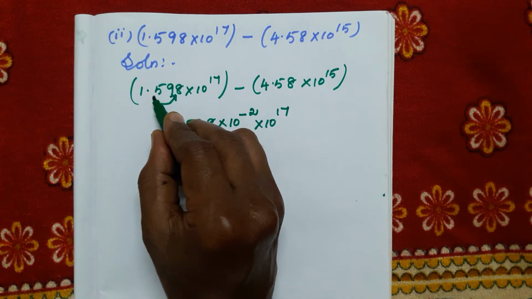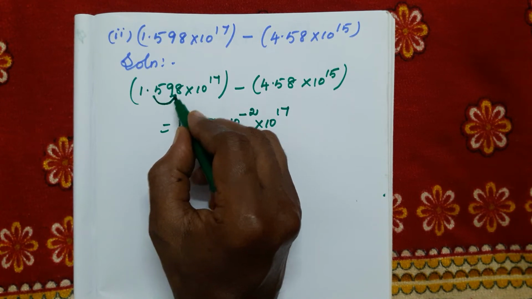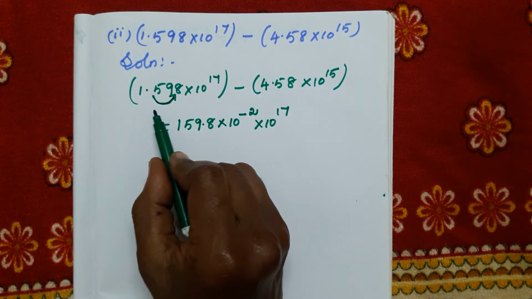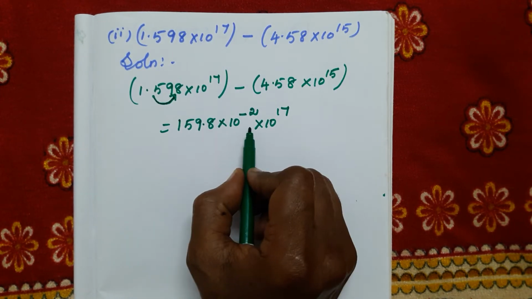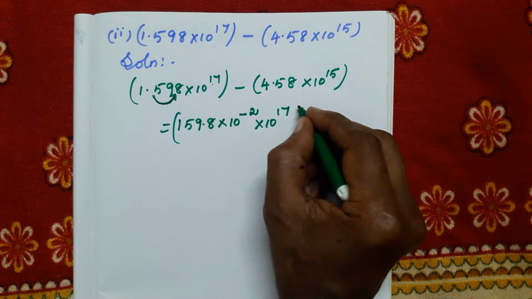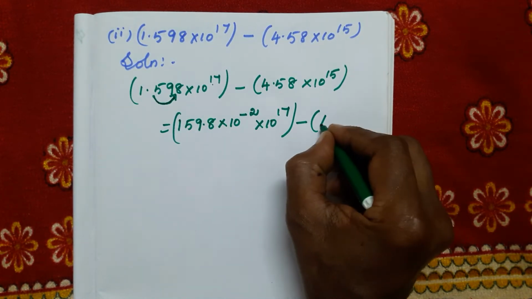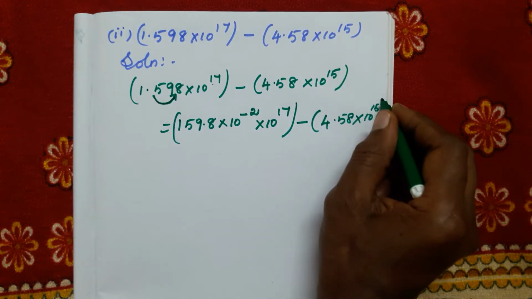Okay, here the decimal place is moved 3 digits right. So what we are getting? 159.8 into 10 power minus 2 into 10 power 17 minus 4.58 into 10 power 15.